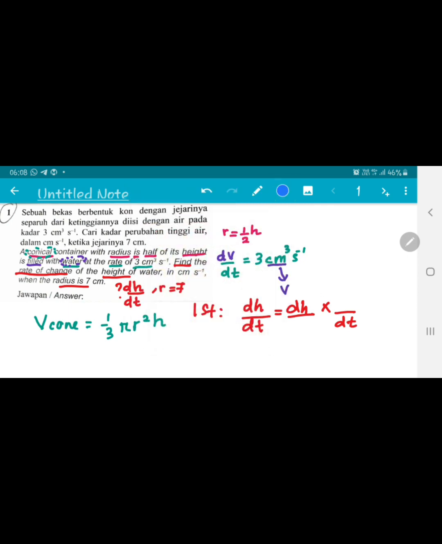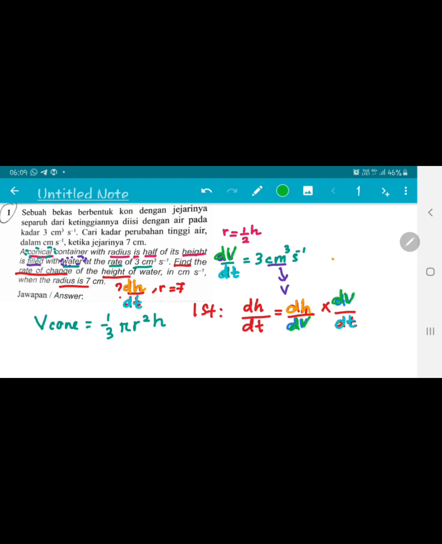Given to you is dV/dt. So here we put dV, because dH, this one dH, and then dt, we have dt here. So one more dV is left right here.